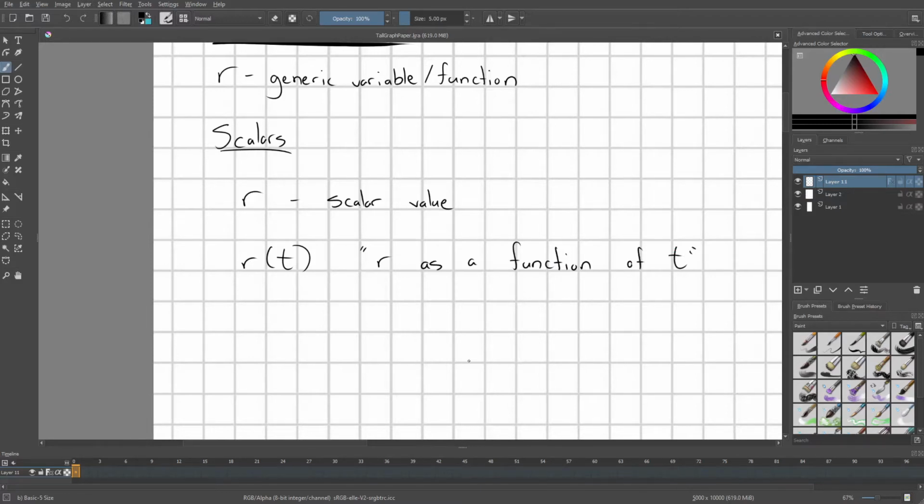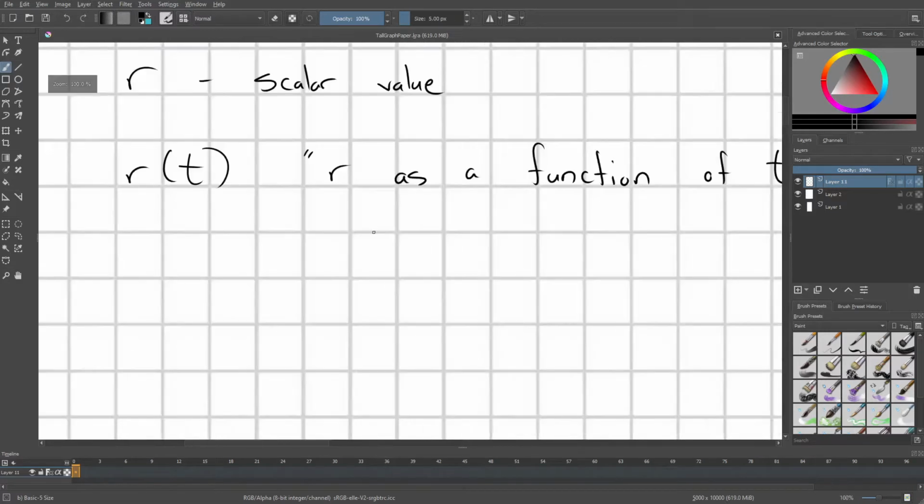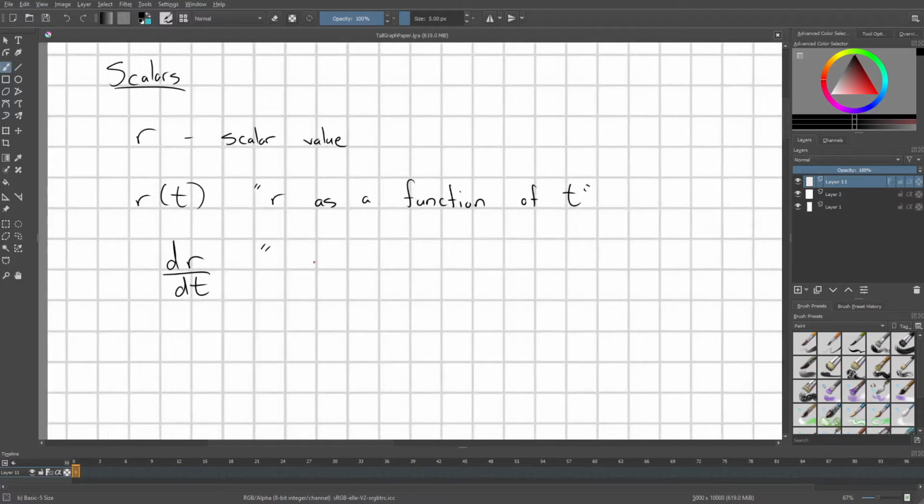And when R is a function of a single variable, we can write its derivatives with a lowercase d. dr over dt, just like this. And this reads out to be the derivative of R with respect to t.